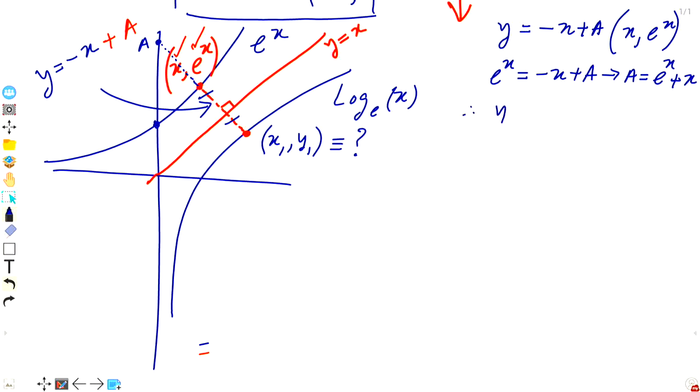So you get y is equal to minus x plus x plus e^x.